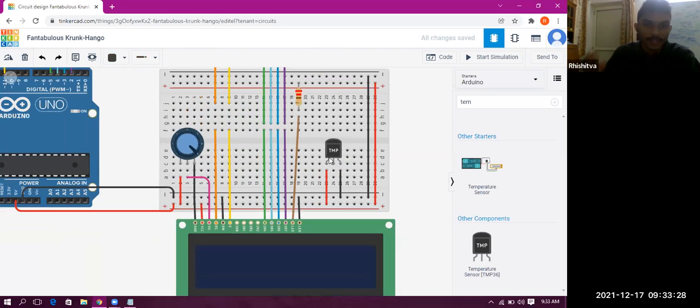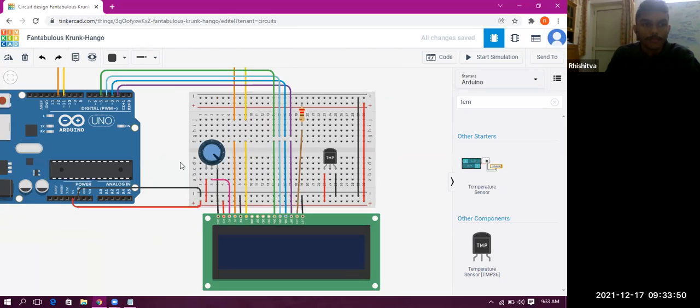But when you make the circuit physically, let's say you take the backside of this temperature sensor and join it, the ground and power will get interchanged, right? So to have a clear idea of what is power and what is ground, we mark these colors, so that our components don't break.